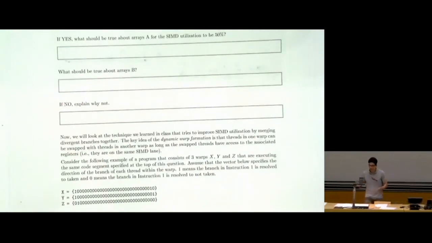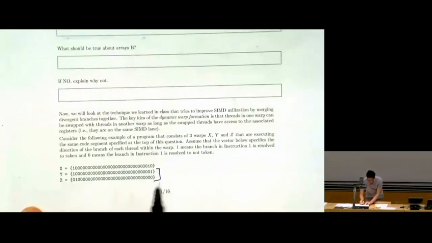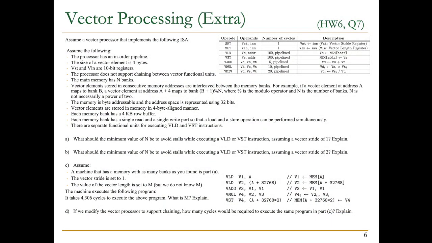You might remember that there might be a way of merging warps like this, where some threads are active, other threads are not active, and if these active threads are in different warps and are not in the same lane, they can be merged, and this way we can have more efficiency in our execution. We stop here.